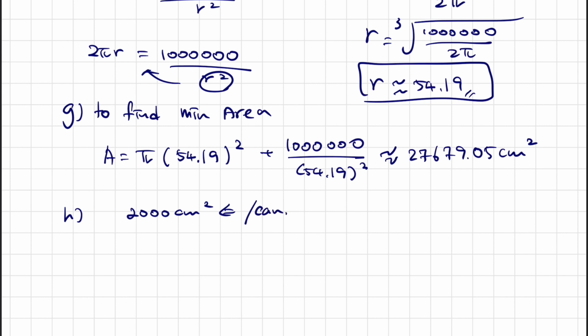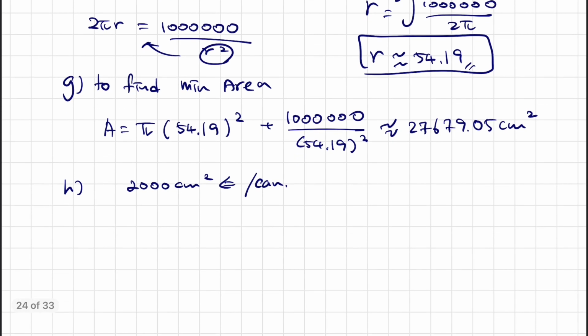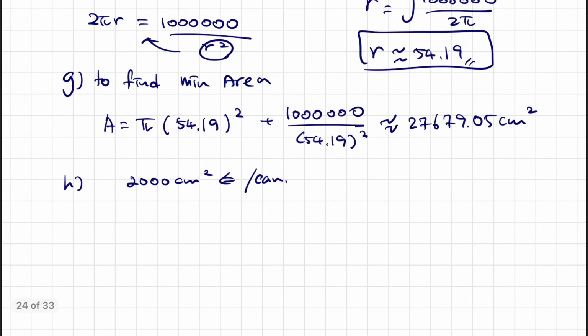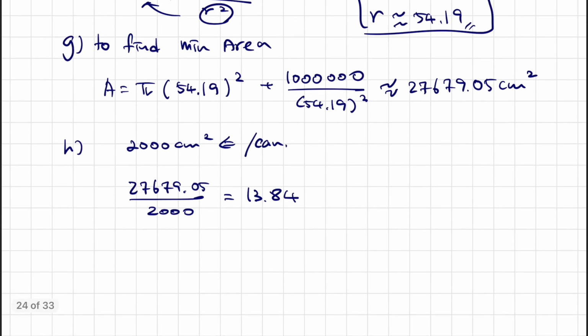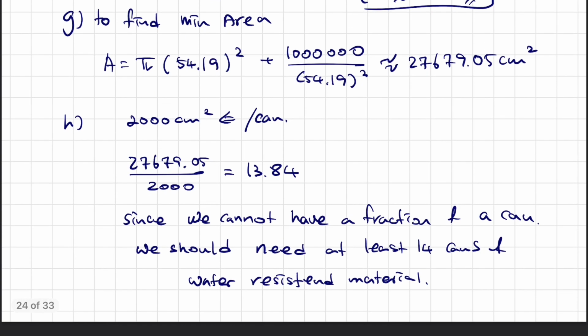To find the least number of cans needed, we divide the total area by the area each can covers. So we get 13.84, and since we cannot have a fraction of a can, we need at least 14 cans of the water-resistant material. And that's the end of the question.